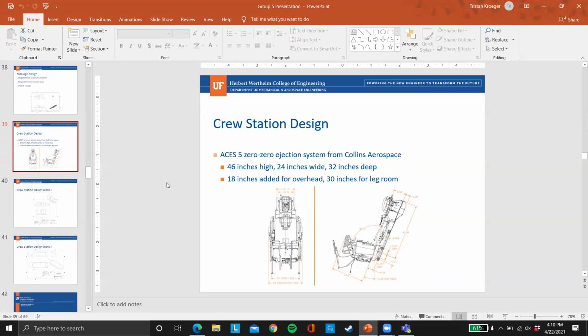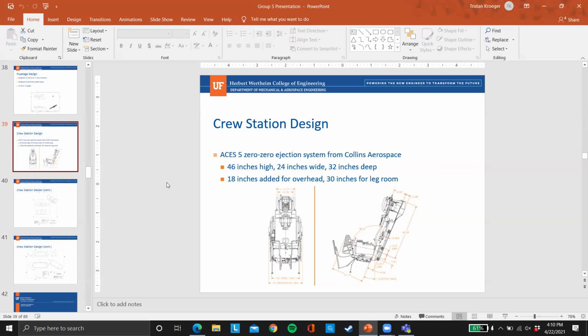So in addition to all the dimensions and properties you give here, it's better if you can include the visibility features of your crew station: what is the over the nose angle, the side angle, and the angle back to the tail, to make sure it satisfies the visibility requirements.